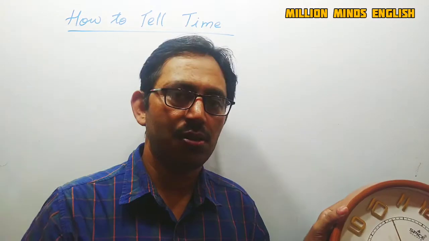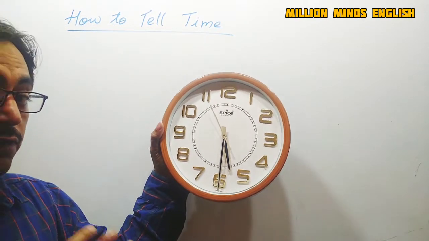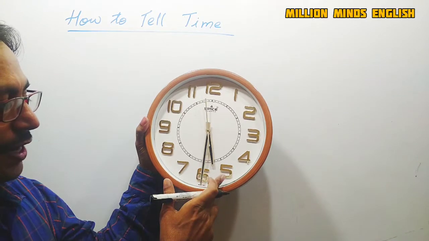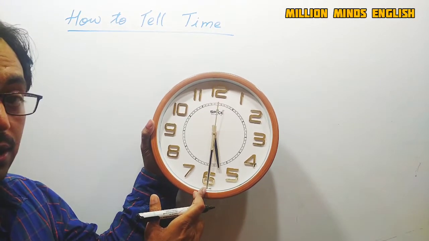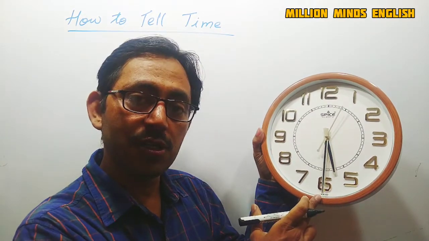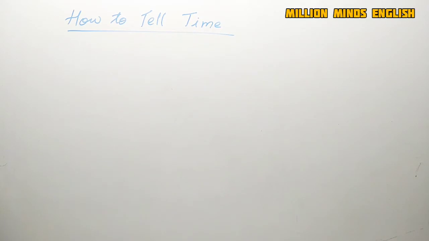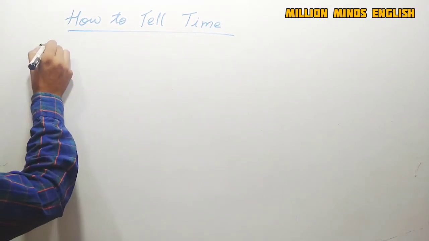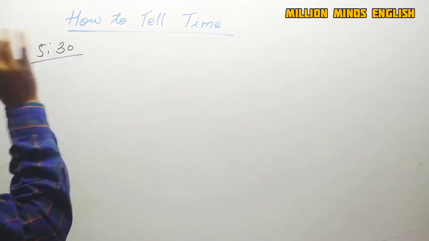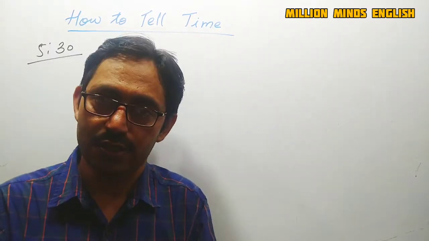Clear, friends? Friends, suppose you have this time now. What will you say? It's 5:30. In Hindi, you will say 5:30 or साढ़े 5. In English, how can we tell this time? Friends, you can say it's 5:30.